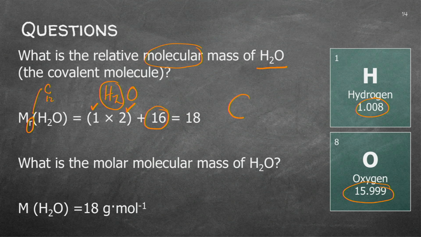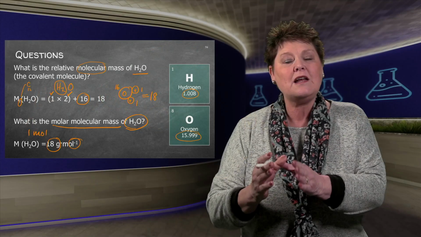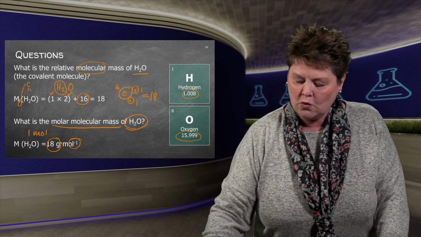So if I've got a molecule of water, an oxygen with a hydrogen and a hydrogen, this being 1, that 1, and that 16, I've got a total of 18. What is the molar molecular mass? 1 mole of water will then be 18 grams per mole. So it's always the same numbers. You just have to be careful that you read your question.